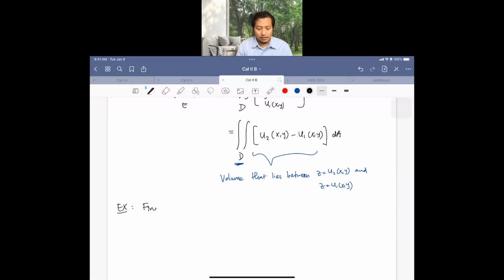Example. Find the volume of the tetrahedron T bounded by the planes x plus 2y plus z equals 2, x equals 2y, x equals 0, and z equals 0.